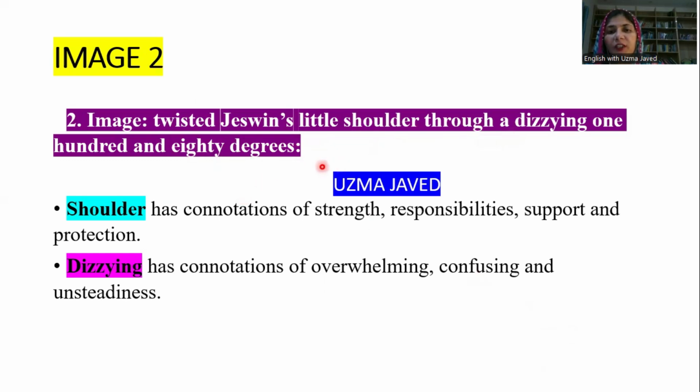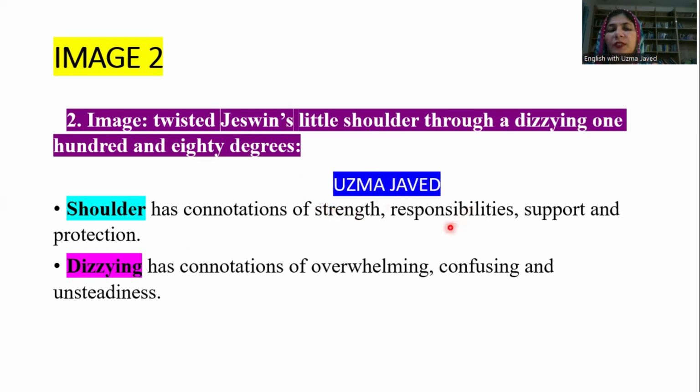But for connotation purposes, I have chosen the simple words shoulder and dizzying. Shoulder has connotations of strength. When we say that he has turned out to be a strong shoulder for his parents during their old age, it means that he has proved to be a source of strength for them.